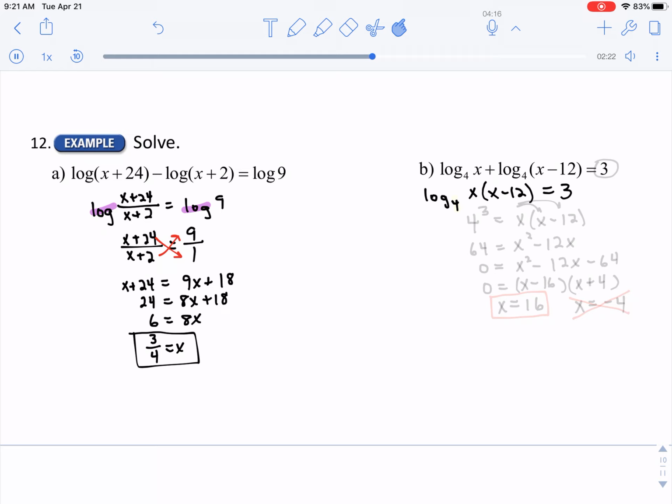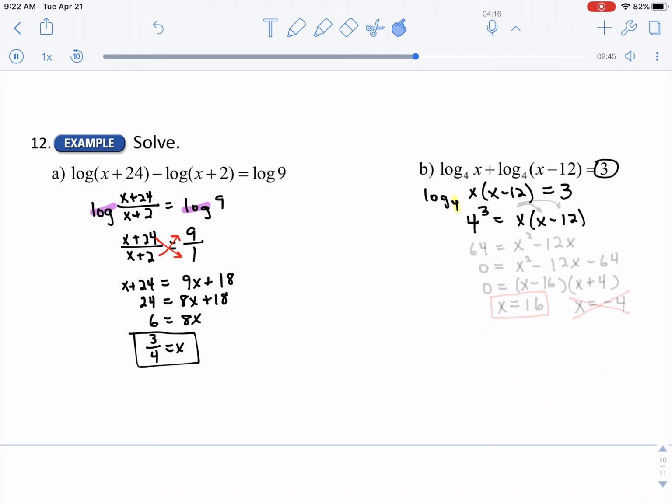So remember that I'm going to go from log form to exponential form. Since my base here is a 4, then that's what I start with, that base of 4, and I say 4 to the third power equals x times (x minus 12).